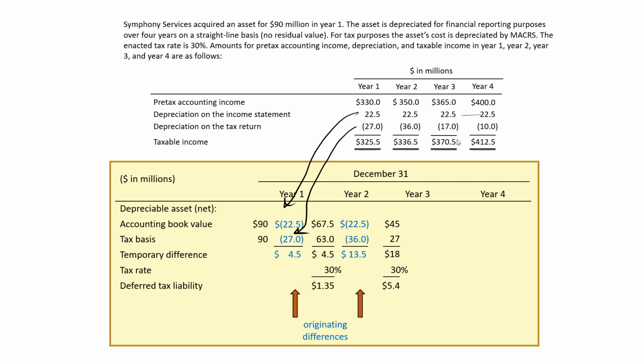So now for year three, we have a basis at the beginning of the year of $45 million. We take another $22.5 million there, and we take another $17 million for depreciation for tax.